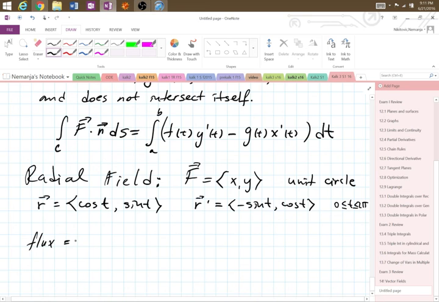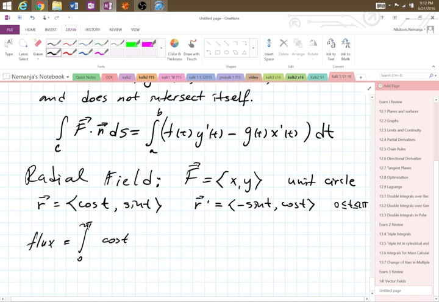here is going to be the integral from 0 to 2 pi. And then we have function f, which is x, which is cosine t. No, just r prime. Normality comes from the cross product.